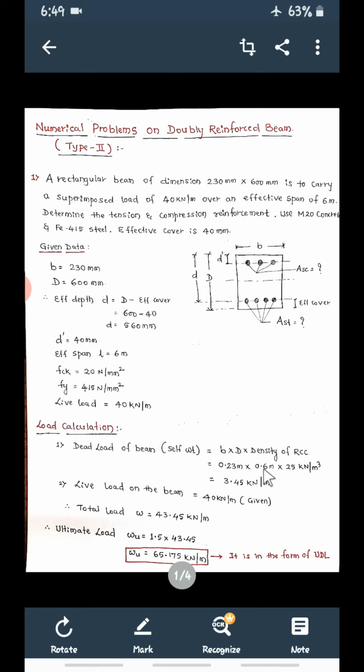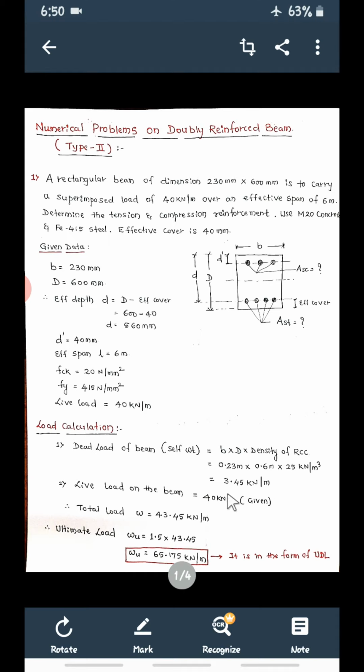So we have to substitute in meter now. 230 mm means 0.23 meter. Then overall depth 600 means 0.6 meter. Then density of RCC is 25 kilonewton per meter cube. This is in kilonewton per meter cube, that's why we are substituting these two also in meter. So 0.23 into 0.6 into 25.